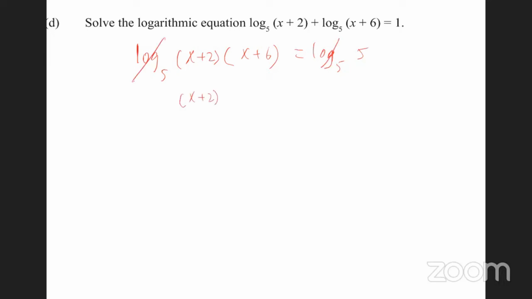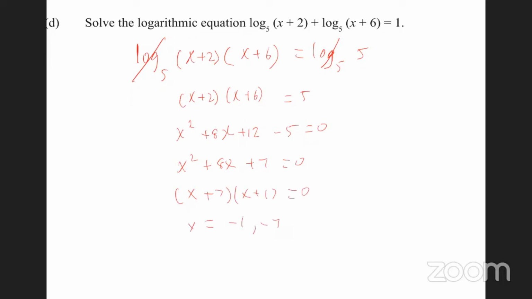X plus 2 by x plus 6 is equal to 5. So x squared plus 8x plus 12 minus 5 is 0. X squared plus 8x plus 7 is 0. X plus 7, x plus 1. So you get x is -1 and -7. Right, so the answer is no valid solution.